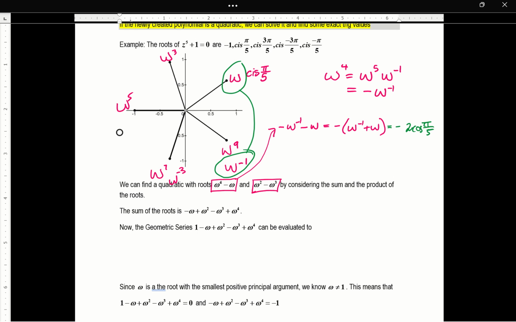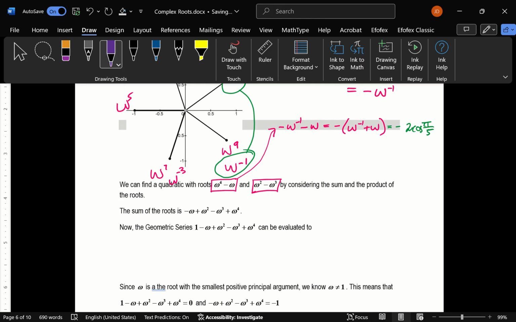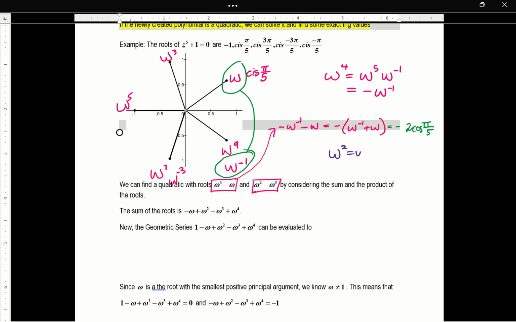So there's some logic to using W4, even though that's not something that's appearing on the roundabout there that I just labelled. I could put it on there, but there is a way to show it. W3 is on there. What about W squared? Can you see where that would come from? W squared is the same as W5 times W minus 3, and I need that because I know W5 is minus 1 in this case.